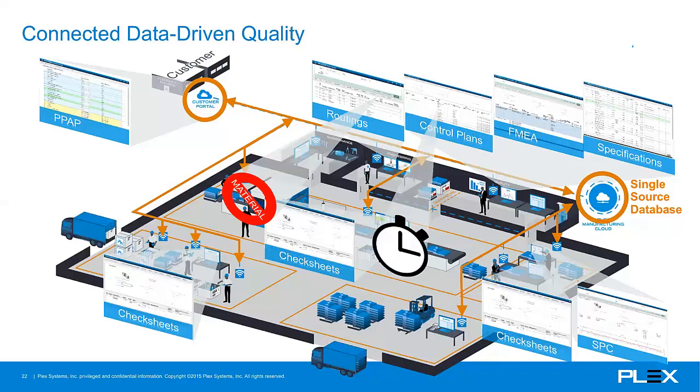Check sheets are driven by the control plan, so if the control plan calls for an inspection every 15 minutes, the operator cannot proceed with production until they complete the check sheet. As we'll see later, the measurements entered into the check sheets become data available for analysis within our production analytics offering.